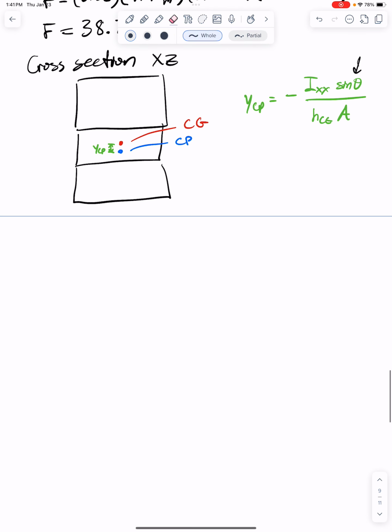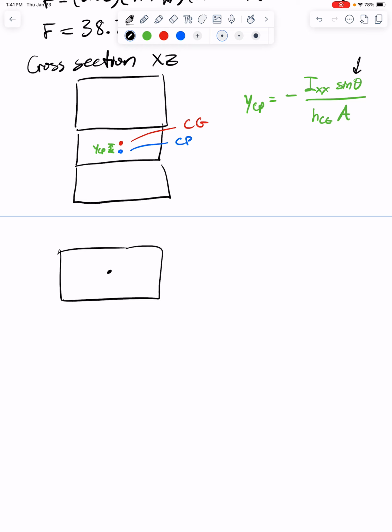The other thing I want to talk about is the second moment of inertia. So here's our gate. I believe it moves probably like this, isn't it? But x or IXX, so draw a line here. That second moment of inertia term refers to the ability for a certain cross section to resist bending moment.